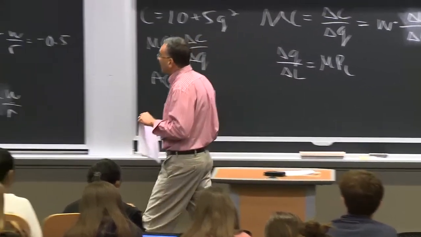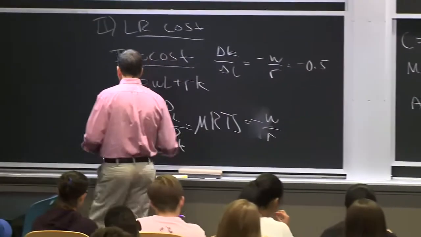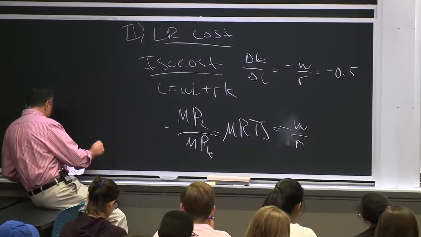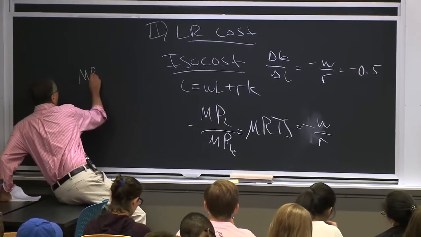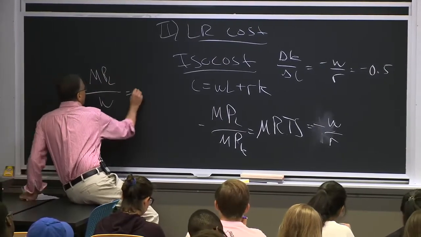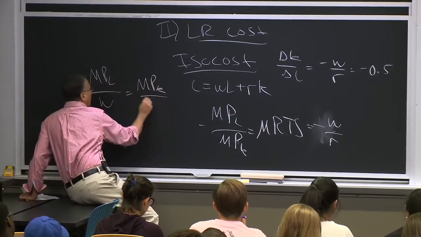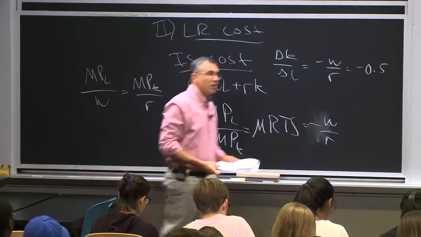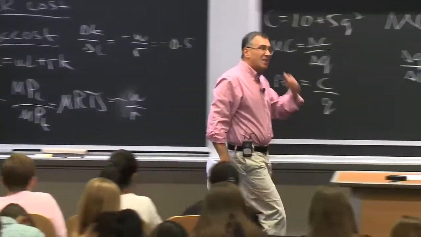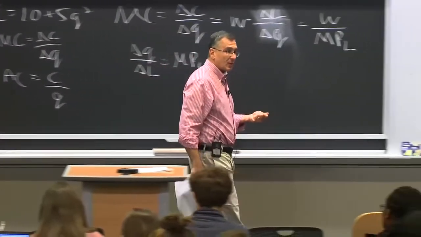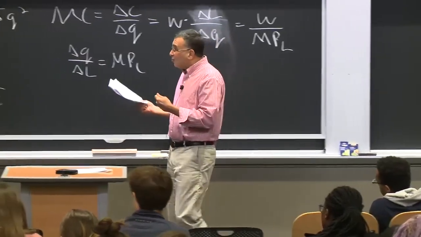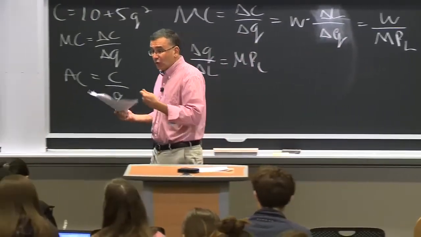Alternatively, I don't know if anyone besides me likes this intuition, we can rewrite this as MPL over W equals MPK over R, my bang for the buck formulation that I like. If you ask, should I spend the next dollar on wages or machines?